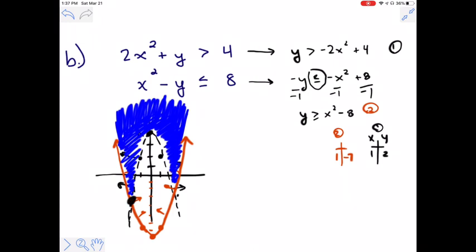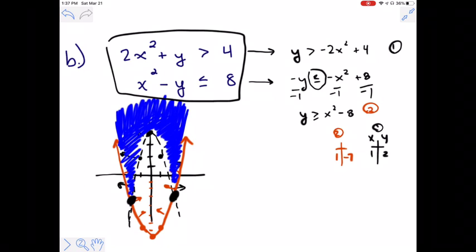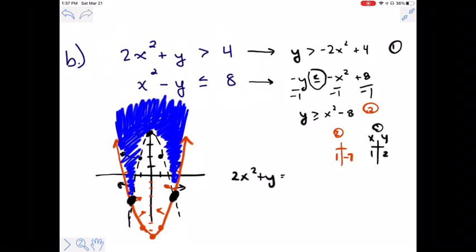Now what we're missing are the vertices right there. Those are found by solving a system of equations. And I'm going to go back to the original form of the inequalities and just change those into equations. So 2x squared plus y equals 4, and then x squared minus y equals 8.